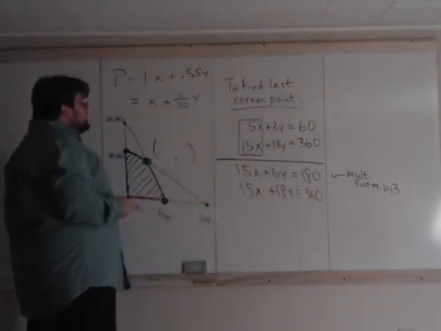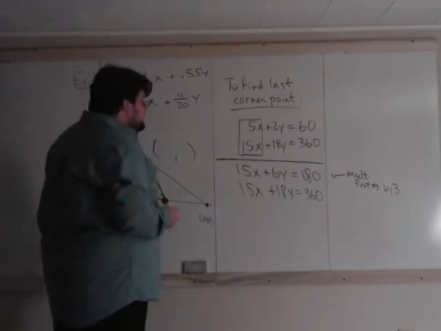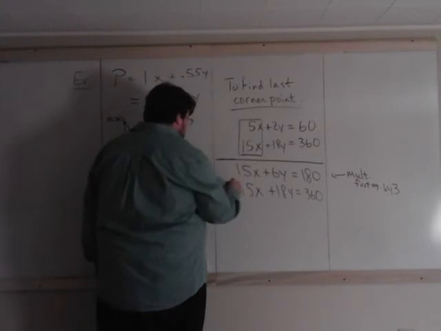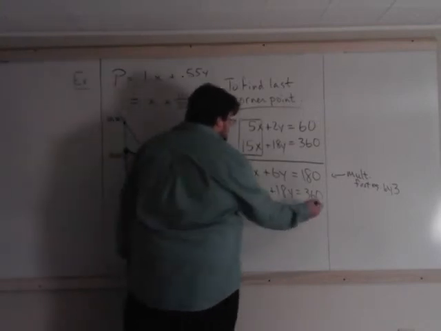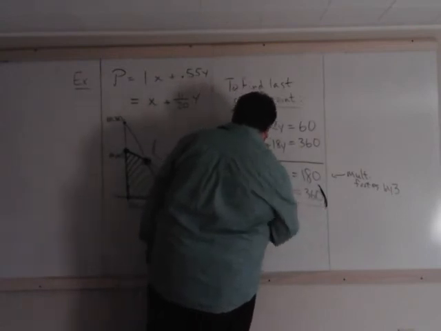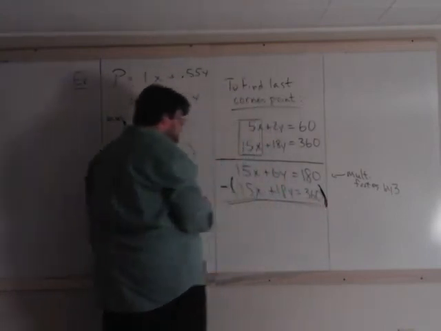So we wanted the coefficient on x to be the same, because now what we can do is subtract this entire equation. And if we do that, what happens?